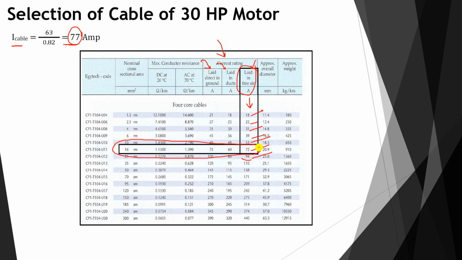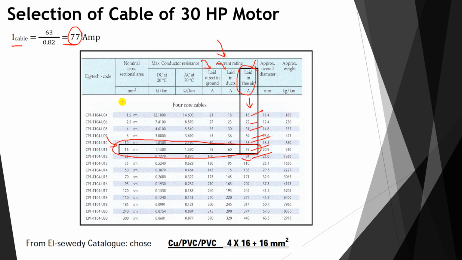This cable has a cross-sectional area of 16 millimeters square. This is a 4-core cable, so I'm going to use a multicore copper PVC cable, 4 multiplied by 16 plus 16 millimeter square. What does this mean? 4 core cables having a rating of 16 millimeter, plus 16 millimeter representing the earthing.